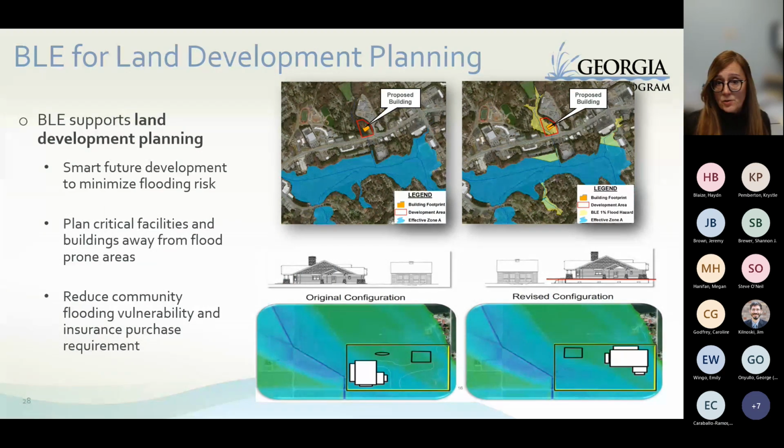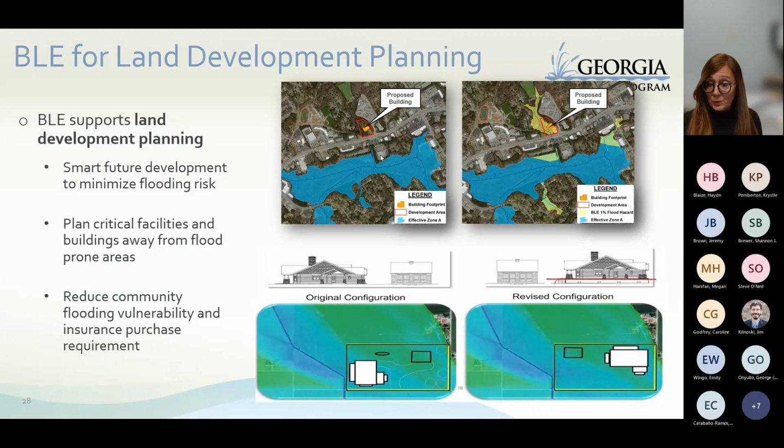Another application of the base level engineering analysis is for land development planning and any future developments. Basically, currently you have the special flood hazard areas identified by the effective FIRM maps, which are shown, for example, on this image on the top.